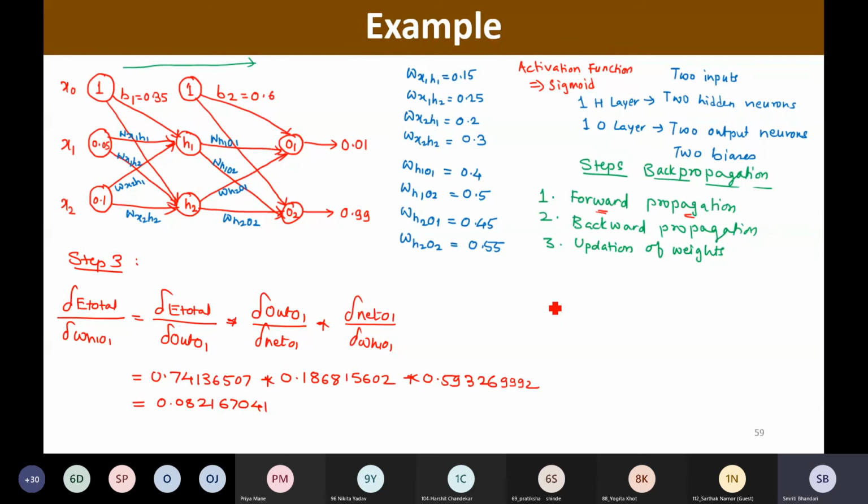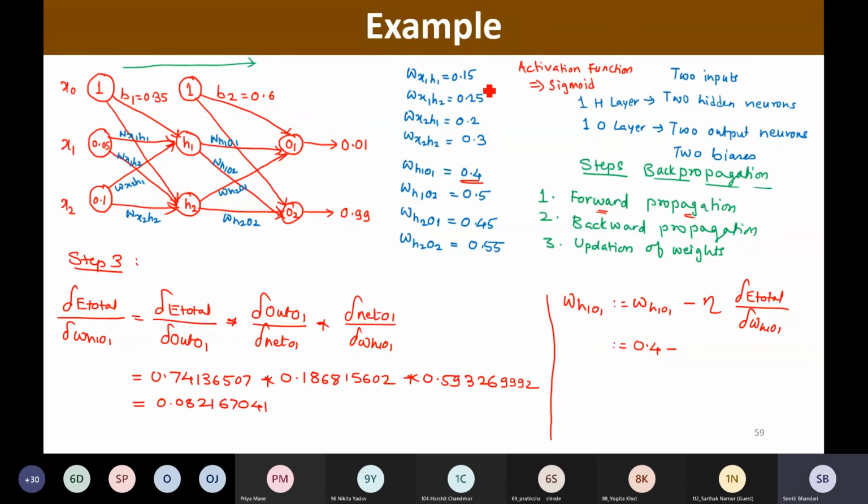Now simply what we would like to do next is update the weight. So how am I going to update this weight? WH1O1 now gets updated as WH1O1, that is the old weight, minus eta times the partial derivative of E total with respect to this WH1O1. The old weight was 0.4.